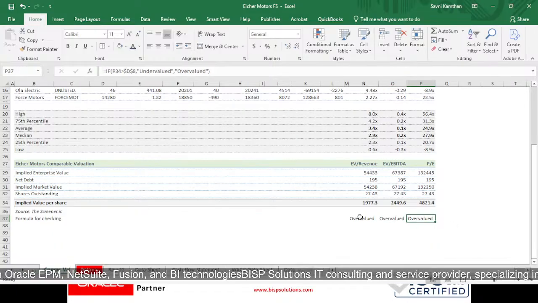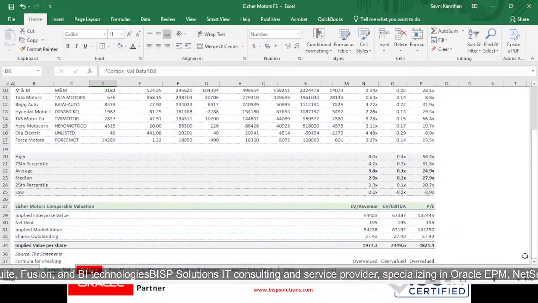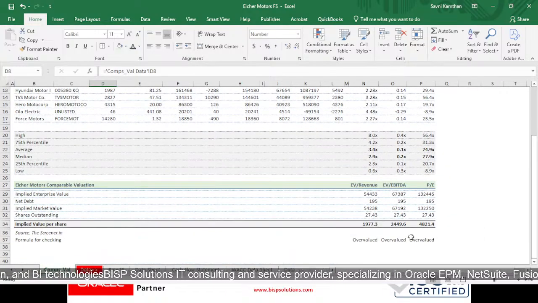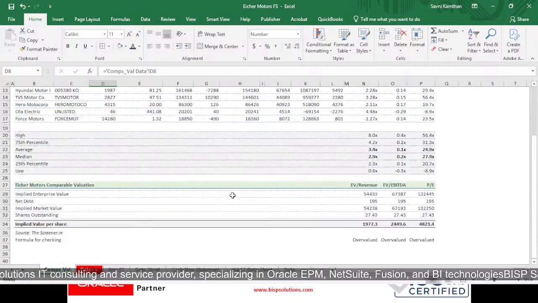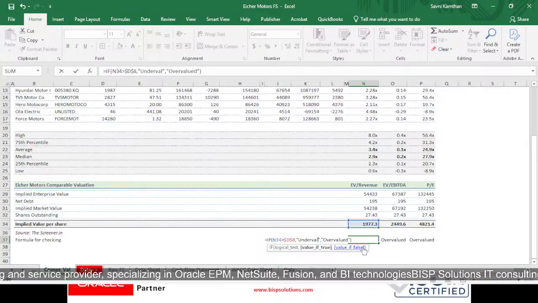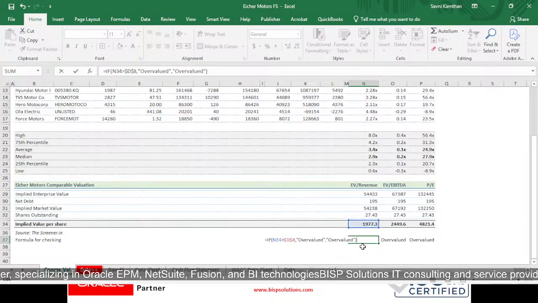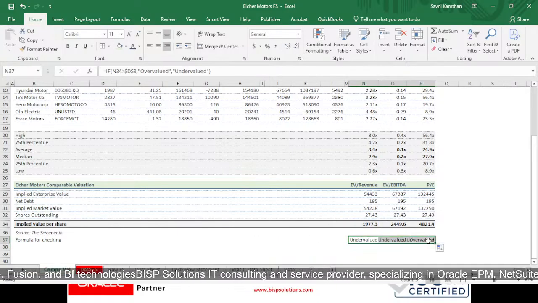So it has given me overvalued as my share price is 5512. Okay, let me do it overvalued, and this is our undervalued. So let's see. Yeah, now it is coming correctly.